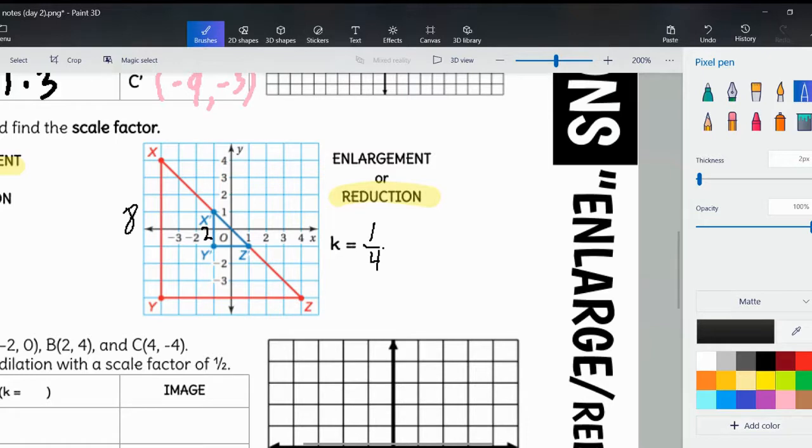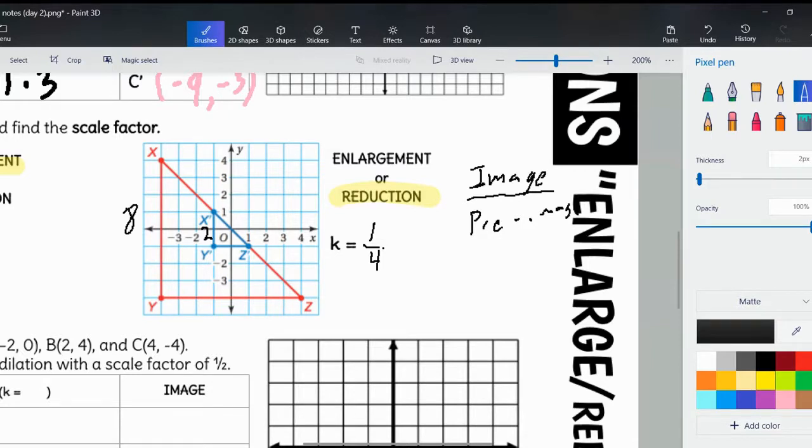Okay, what you can always do with these, just as a hint, is you can always divide the side length of the image by the side length of the pre-image.